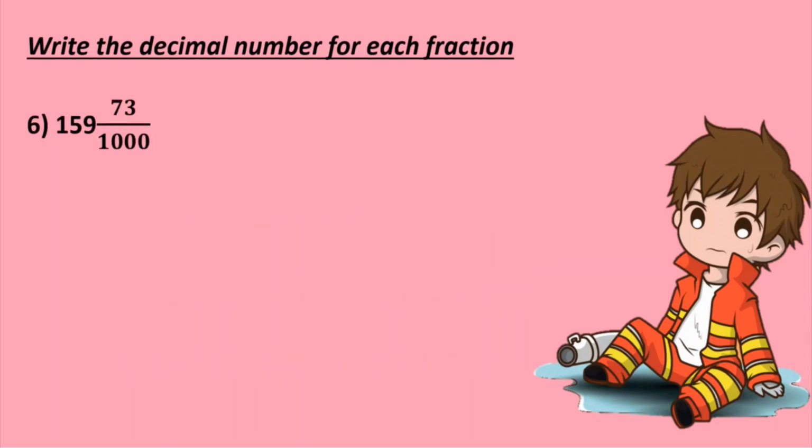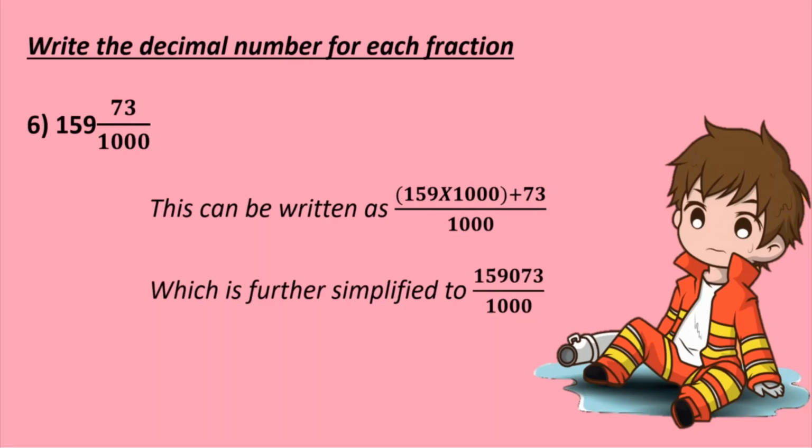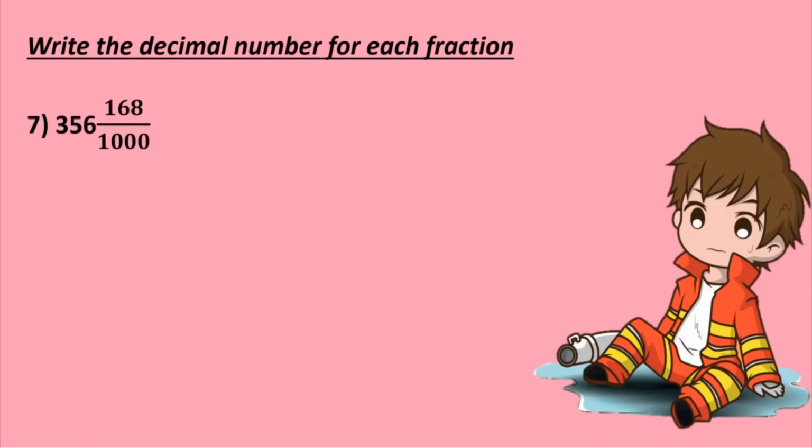159 73 by 1000. So again 159 multiplied by 1000 plus 73 is 1,59,073 by 1000. So the decimal notation will be 159.073. 356 and 168 by 1000.